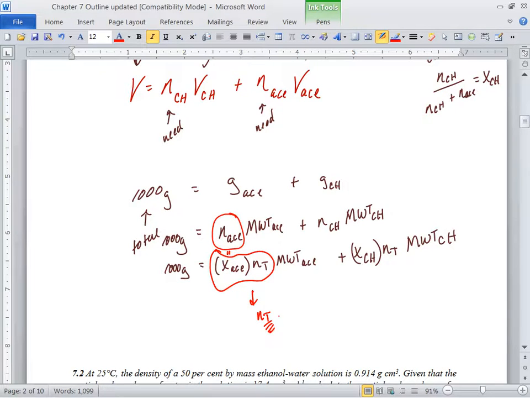And once you get n total, you go back and you say, okay, well, I know what the mole fraction is. So take it times n total, and I'll get the number of moles of acetone. And then you convert it to grams, because you know what the molar mass is.